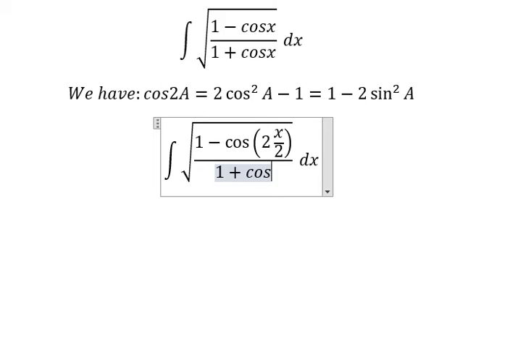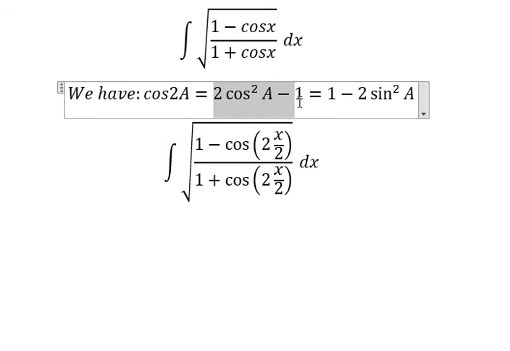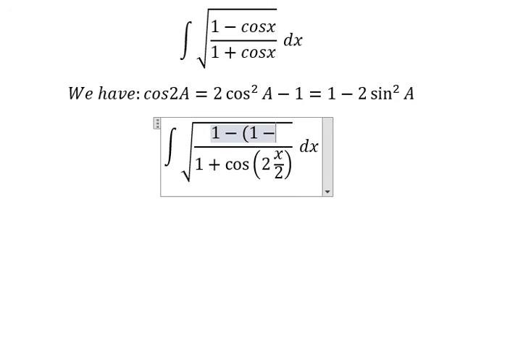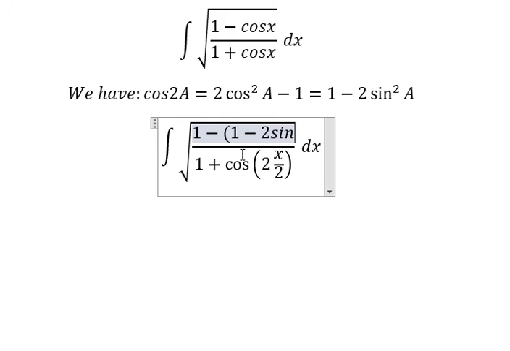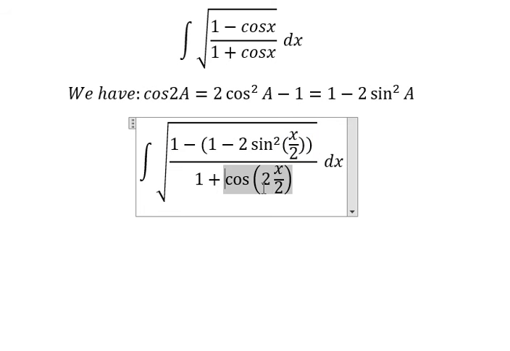Similar for this one. So for this one, I will change by this one, and this one I will change by this one. So for this one, you get 1 minus 2 sine s over 2 squared. Similar for this one.